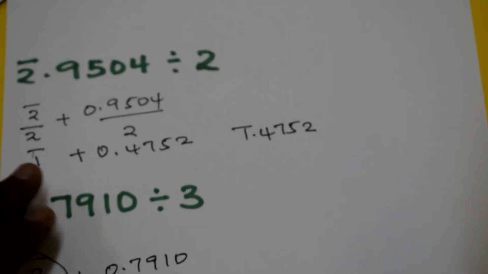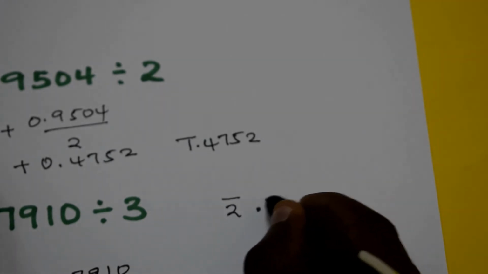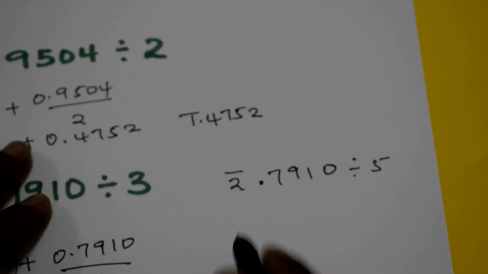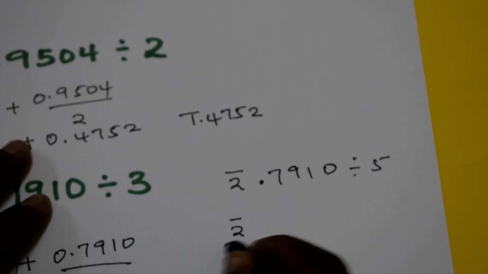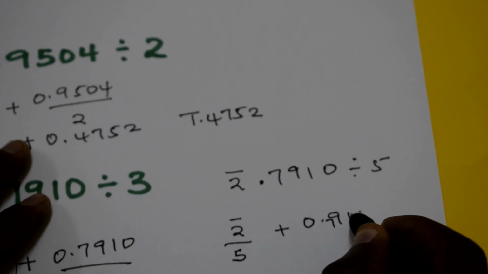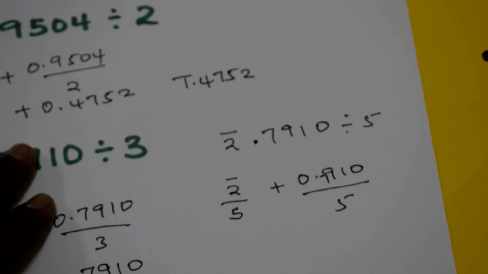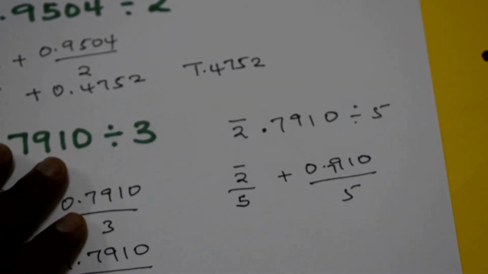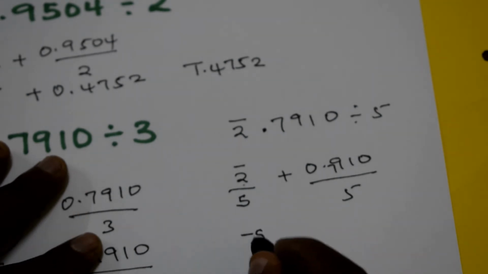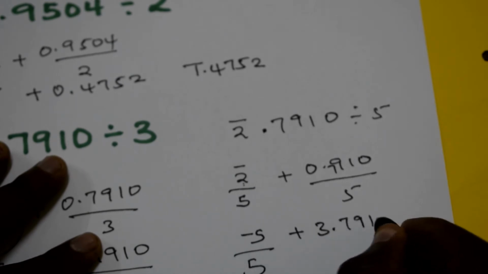For example, if this number was to be divided by 5, so bar 2.7910 divided by 5. So again here we'll have bar 2 over 5 plus 0.7910 divided by 5. This number is not divisible by 5. We make it divisible by 5 by subtracting 3. So we're going to have negative 5 over 5. That 3 should be added to this, so we get 3.7910.